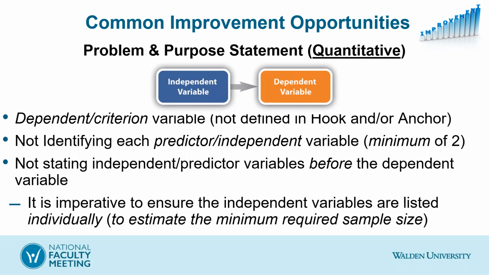An example is leadership. Leadership can be an independent variable, but there are different components. We need to know about each component, and you should write about each component. That gives the reviewer an opportunity to assess the sample size of the student's work. Next slide.